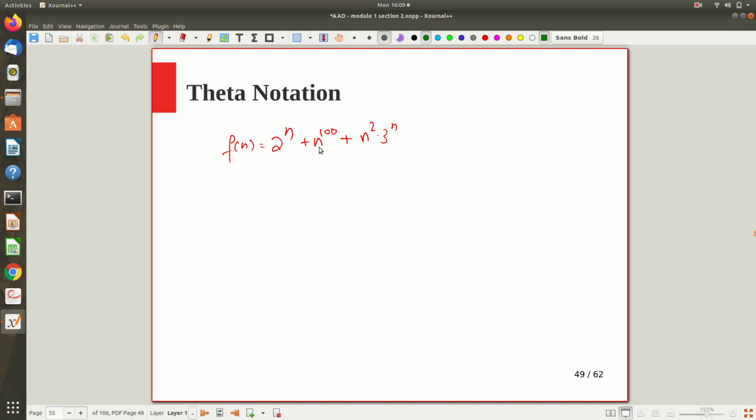This may be like I am trying to print all 100 size subsets. You know how many 100 size subsets there are. If you want to give a meaning to this, it is enumerating all subsets of a set with n elements, something like that.